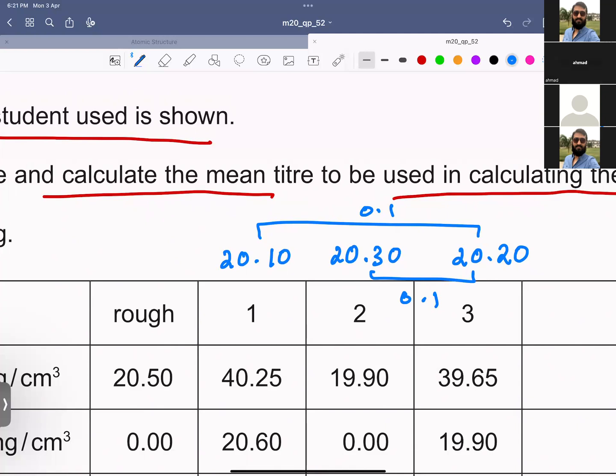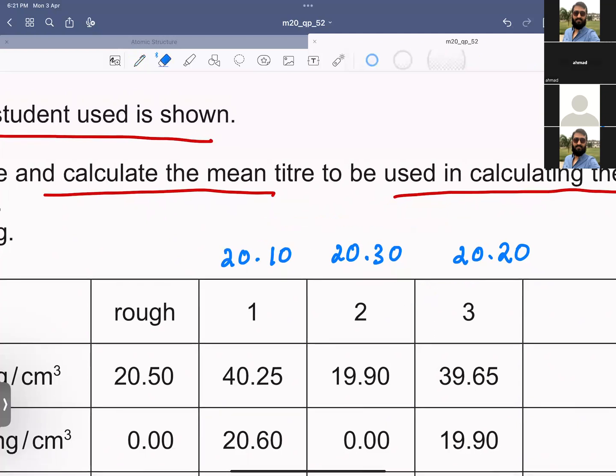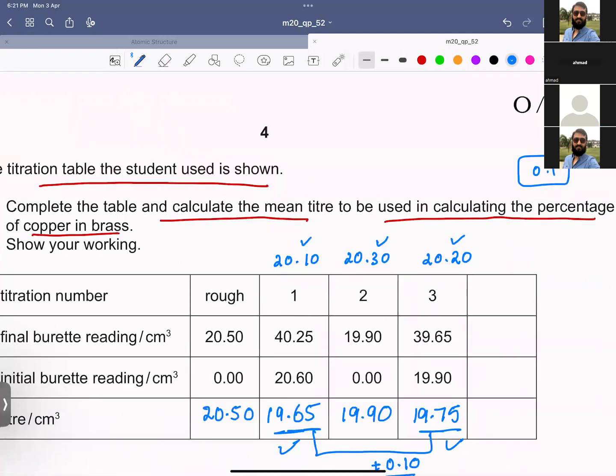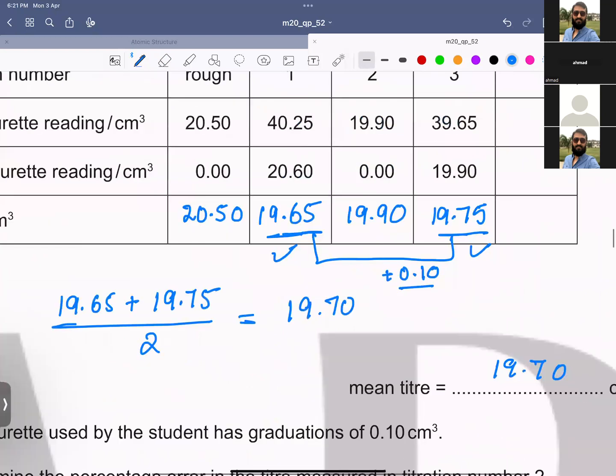So I must use all three values to take the mean value to calculate the titer. But in the earlier case, we have only two values with a 0.1 difference, so we only choose those two. Sir, is it clear to everyone?